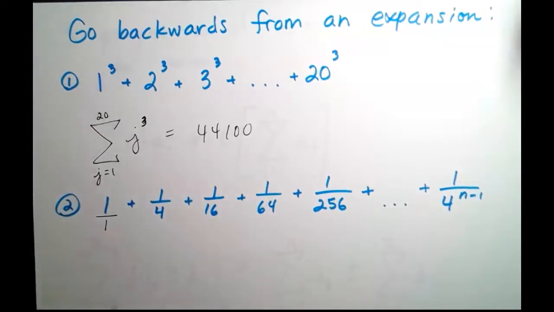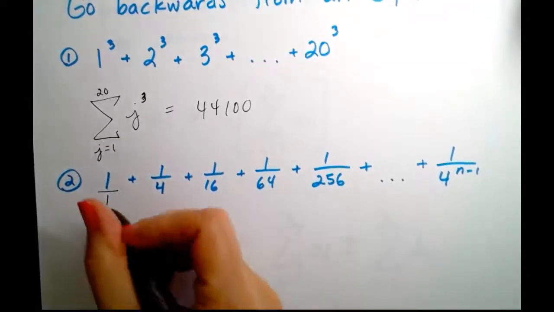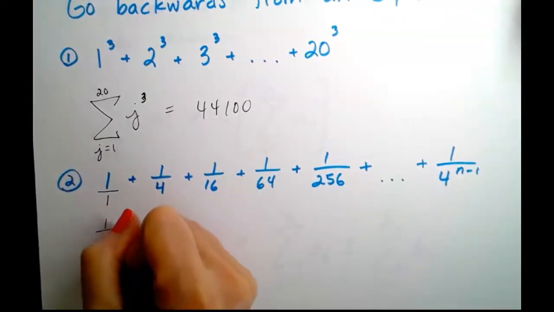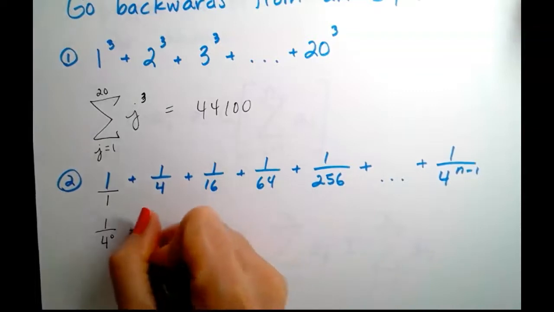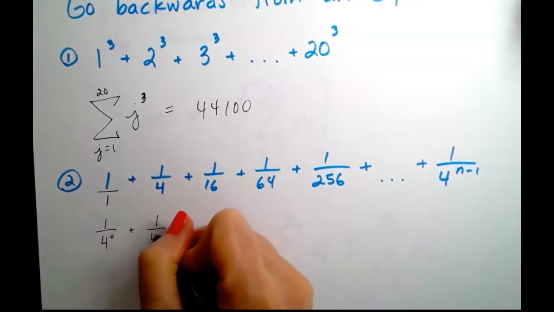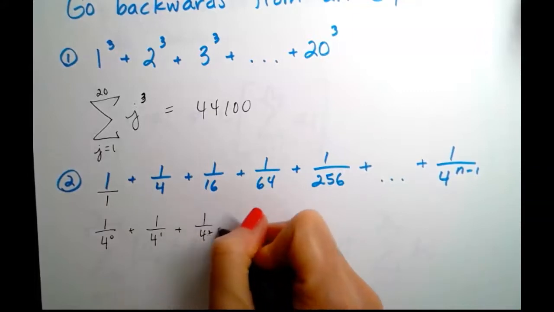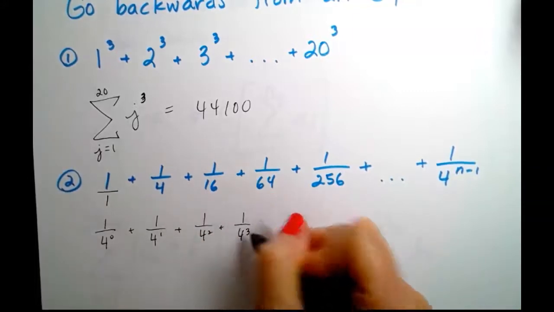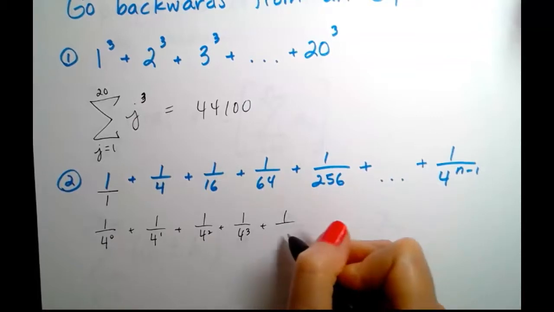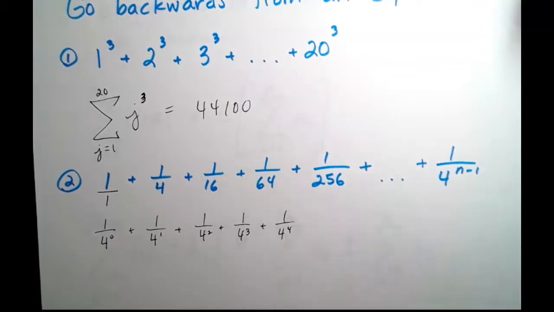And we could rewrite this and think about it in another way. We could even think of this as 1 over 4 to the 0 plus 1 over 4 to the first plus 1 over 4 squared, 1 over 4 cubed plus 1 over 4 to the fourth.